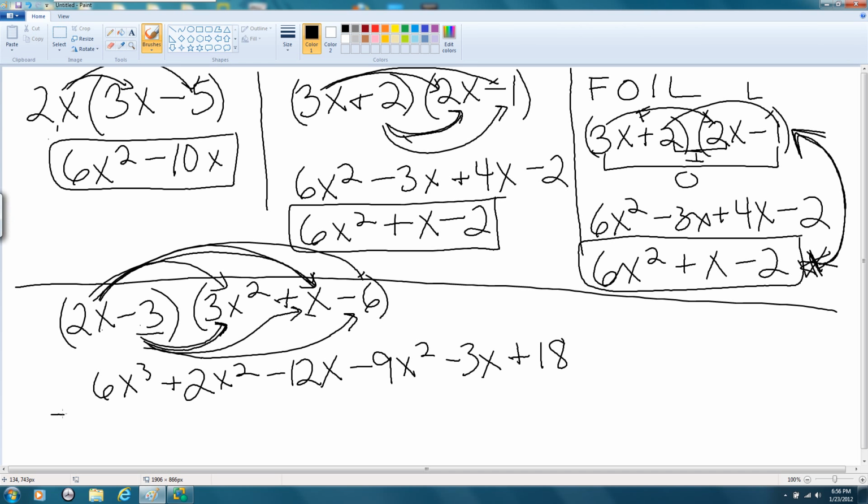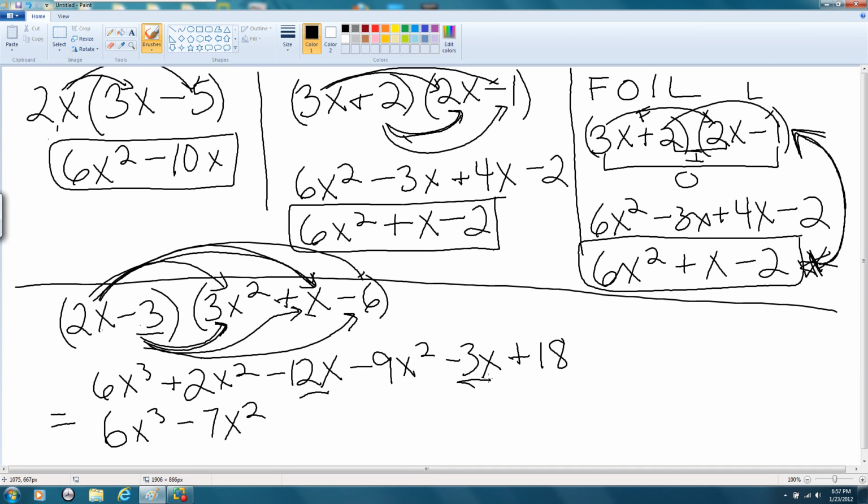Now all I'm going to do is combine like terms. I only have one x cubed term, so I'm going to leave that. I have a 2x squared and a minus 9x squared. That's minus 7x squared. And then I have a minus 12x and a minus 3x.